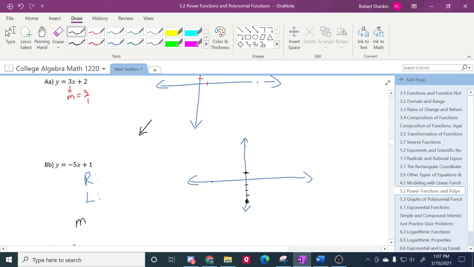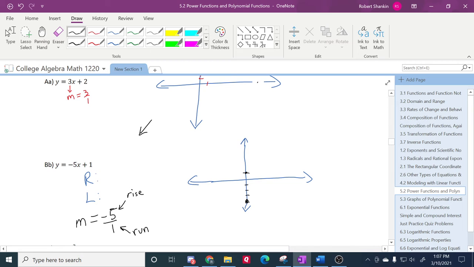Let's do that. M is -5. What we do is we have to turn it into a fraction. So we make it -5 over 1. And this is the rise. And this is the run. So from here, y-intercept is 1. That was correct.